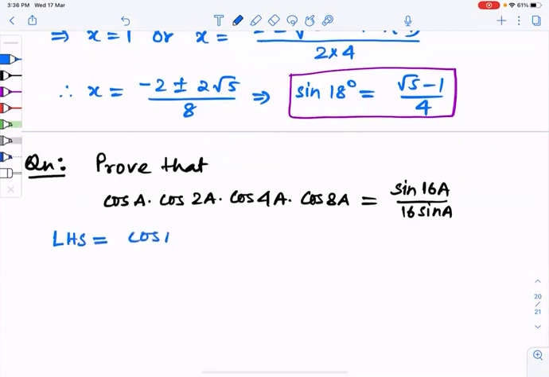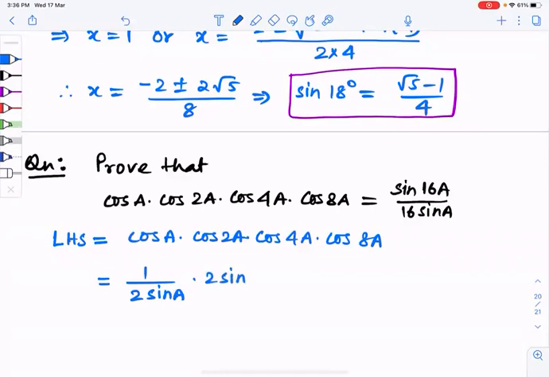LHS is cos A into cos 2A into cos 4A into cos 8A. And what I am going to do here is multiply and divide by 2 sine A. This is extra.